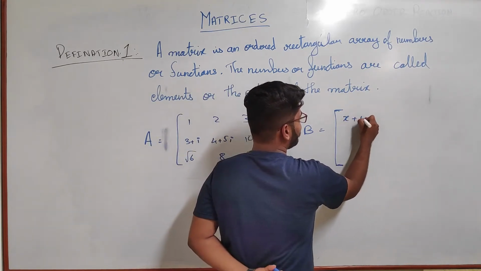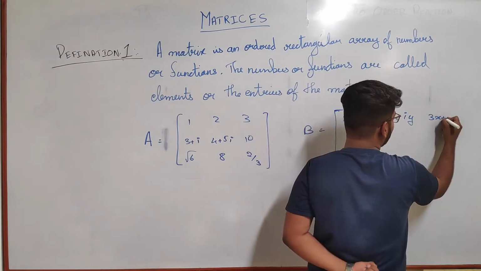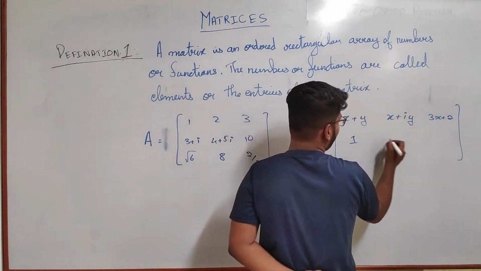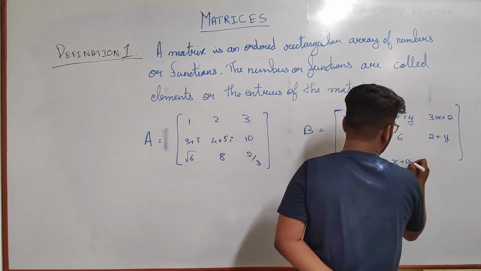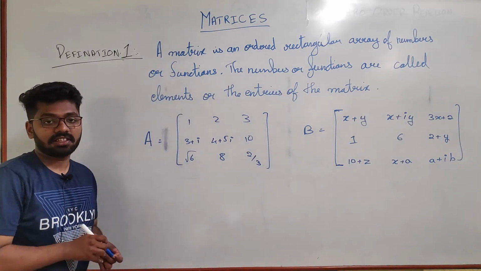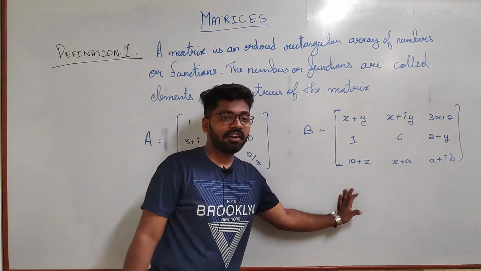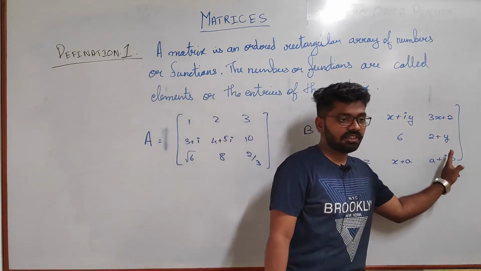So x plus y, x plus iy, f(x) equals 3x plus 2 maybe, or 1, 6, 2 plus y, 10 plus z, x plus a plus ib. So these are different functions. Even functions can be included in a matrix. It is not that it should have 3 rows and 3 columns only.